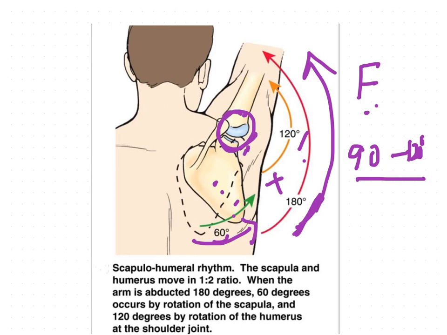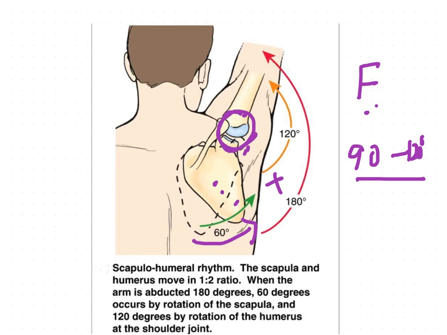Now, what is the ratio of these two joints? That is called the scapulohumeral rhythm in the contributions of the scapulothoracic and glenohumeral joints.